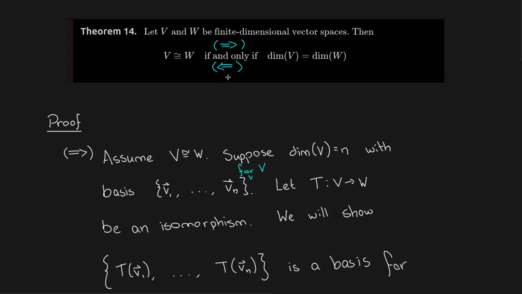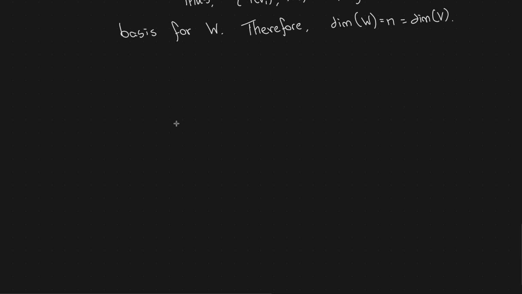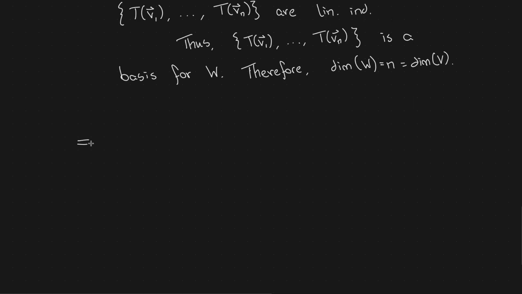All right, now we need to go the other direction. For this other direction, we're going to start by assuming that the dimension of V and the dimension of W are equal. Then we need to show that the vector spaces are isomorphic. So now we're going this direction.